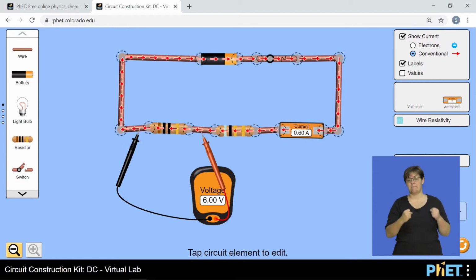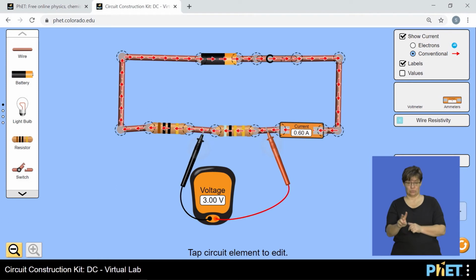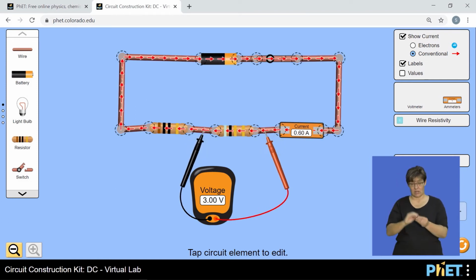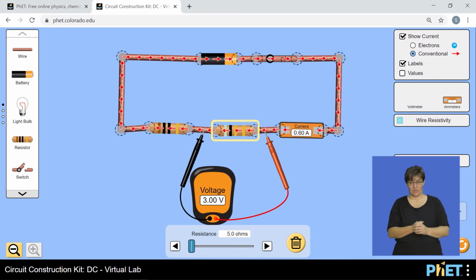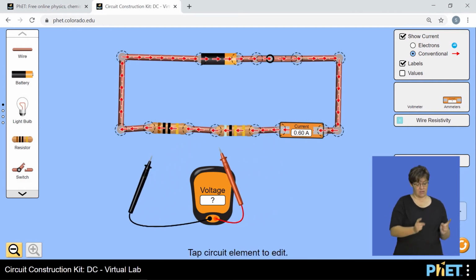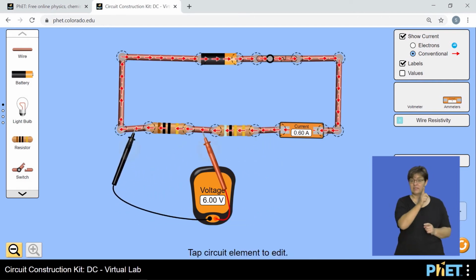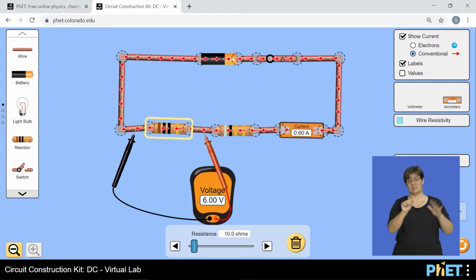It will still give us the same 10 ohms. Also, if we measure the voltage across R2, which is 3 volts, divided by the total current, this will give us 5 ohms, which is exactly the value.